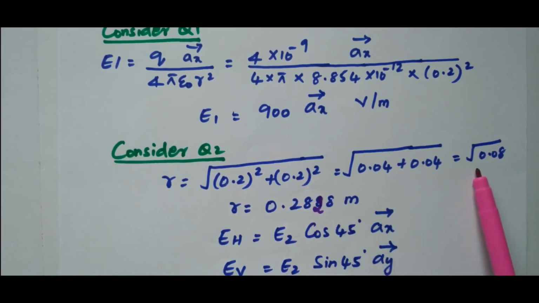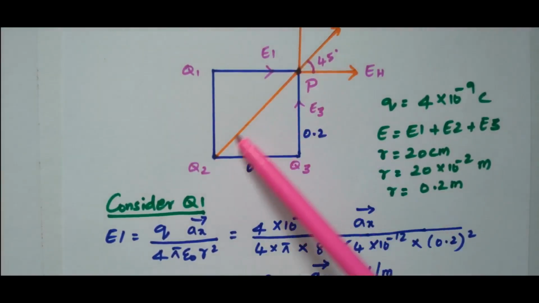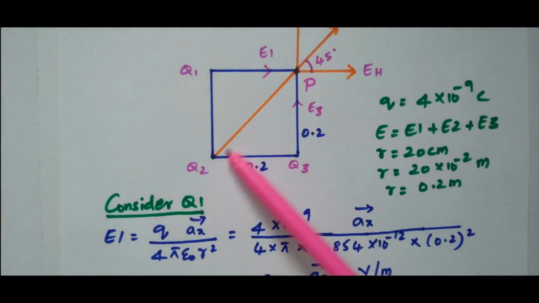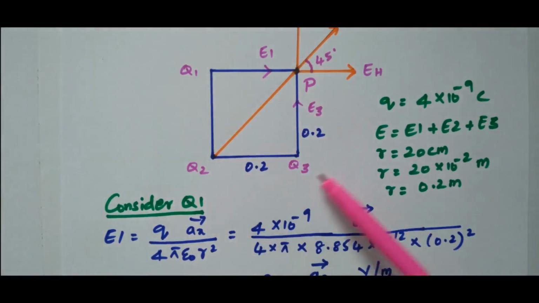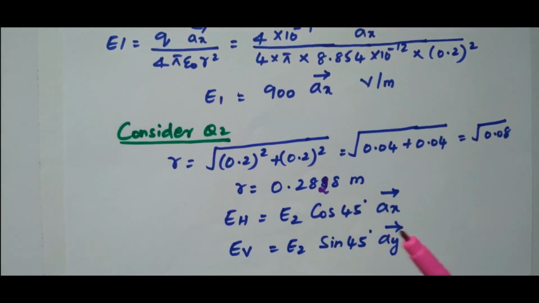So finally we got square root of 0.08, that is nothing but 0.2828 meter. That distance is calculated from the Pythagoras theorem. Now we need to find the horizontal component and vertical component.